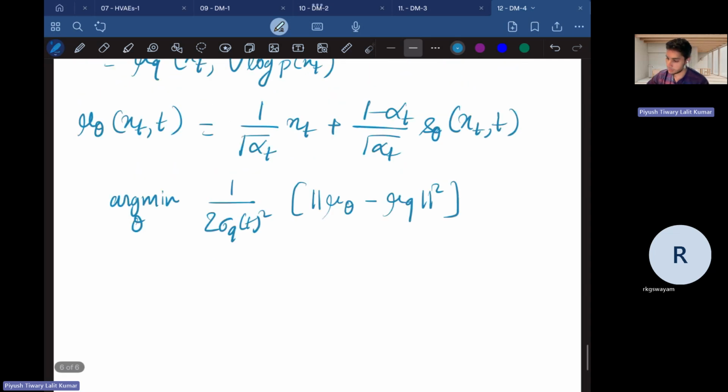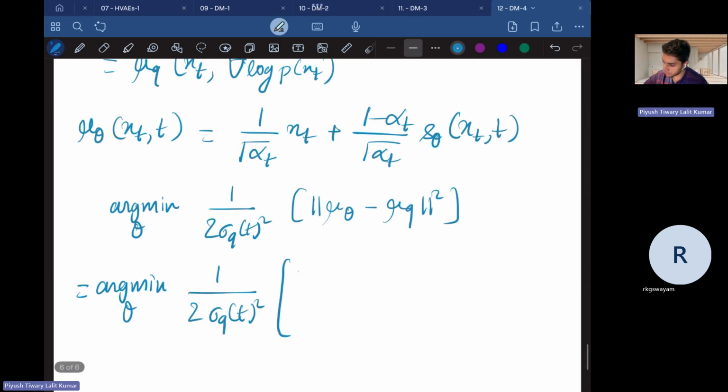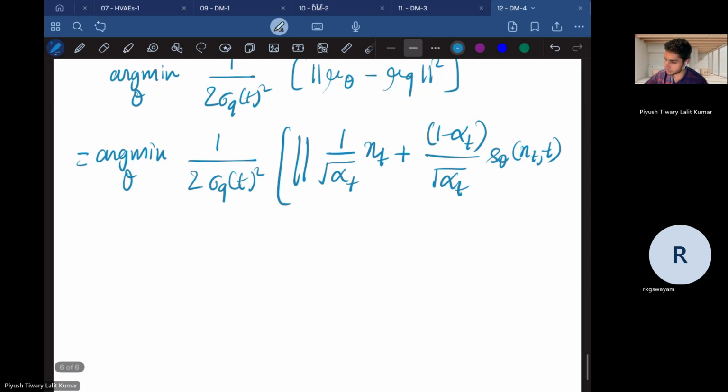So let's write this thing down. This is equal to argmin over theta 1 by 2 sigma q of t whole square. What is your mu theta? Now mu theta is something that is known: 1 over root alpha t xt, and just repeating whatever we have done till now, square root of alpha t as s theta of xt comma t. Okay, this is mu theta.